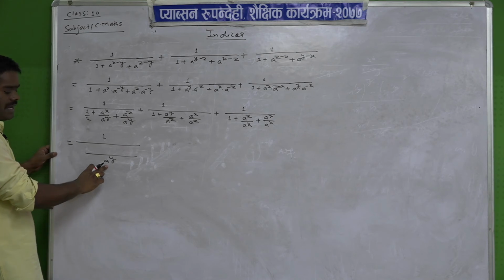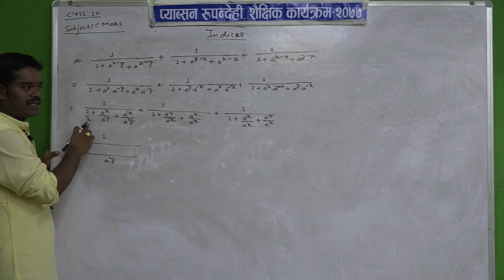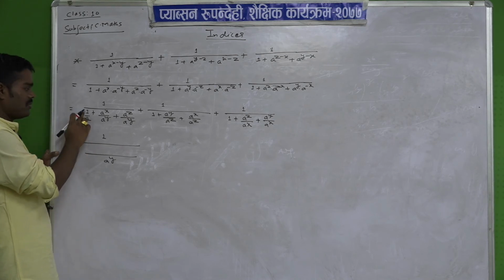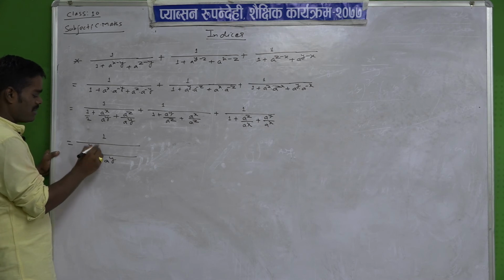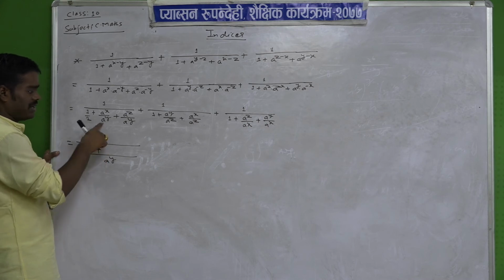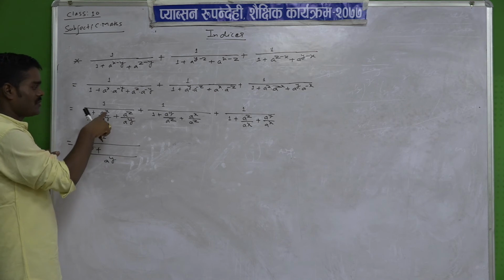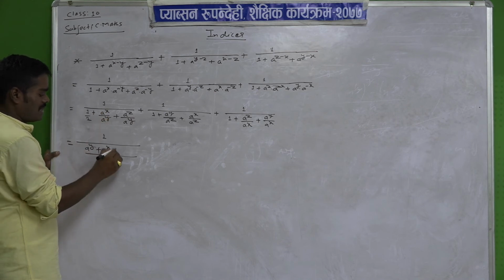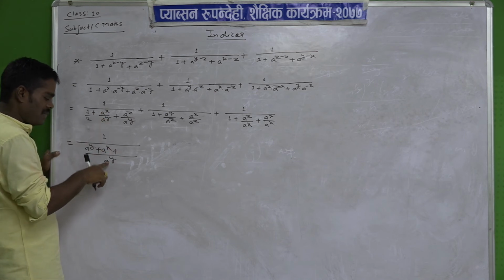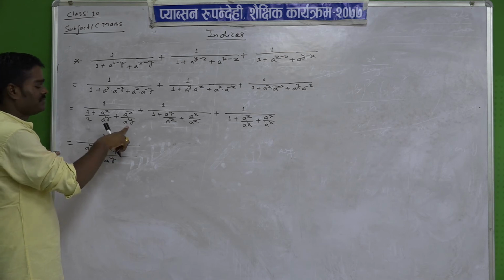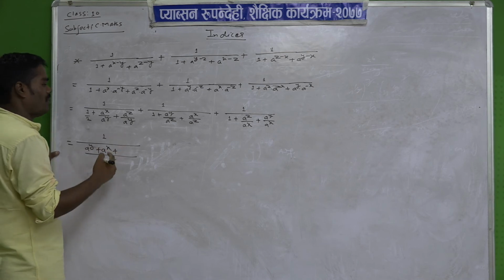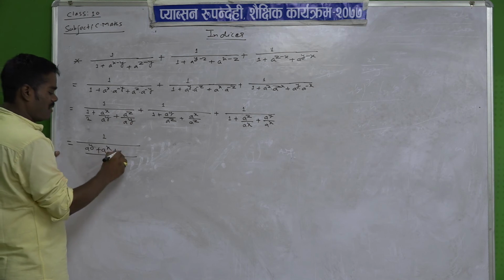So a power y divided by 1 means a power y. A power y into 1 means a power y, plus a power y cancelled, 1 is left. So 1 into a power x means a power x. Again the same, a power y divides both, how much is left? 1. So 1 into a power z means a power z.